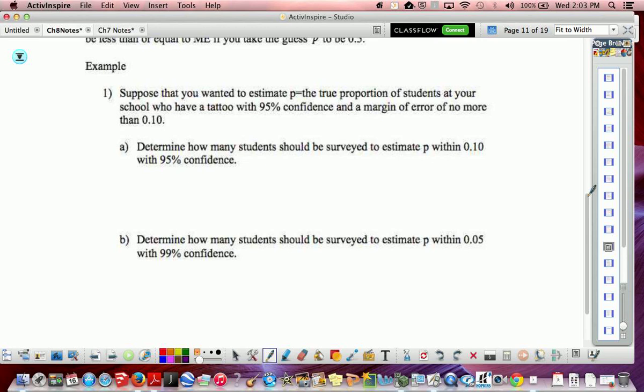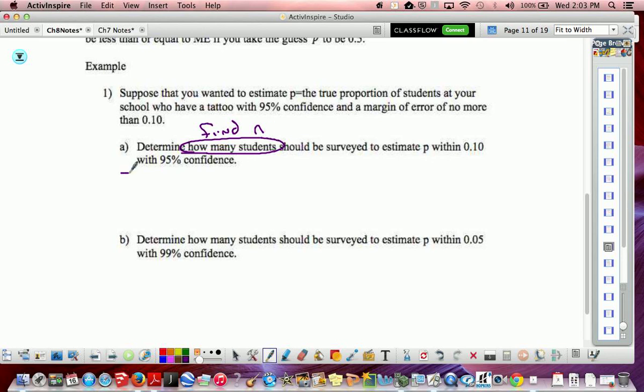So, since how many students is what I'm determining on these problems, I'm trying to find n. Should be surveyed to estimate P within 10% with 95% confidence.